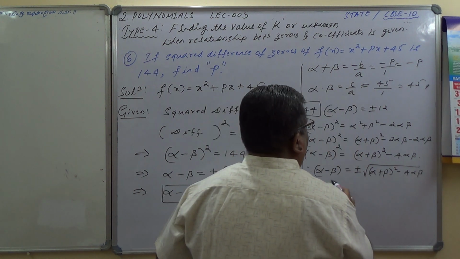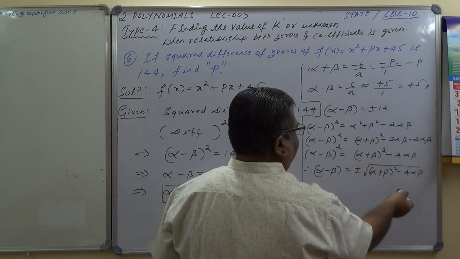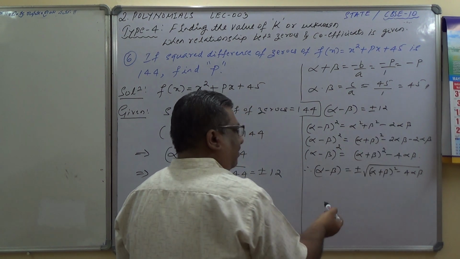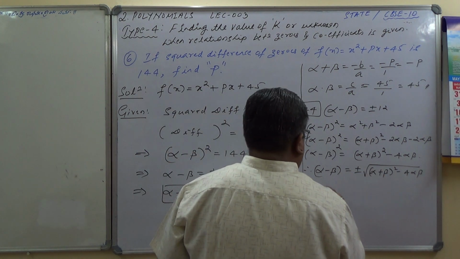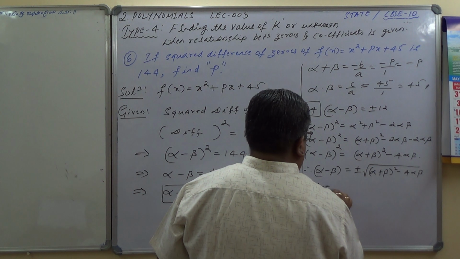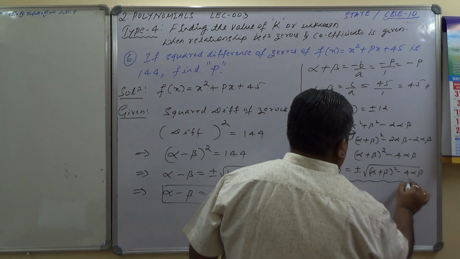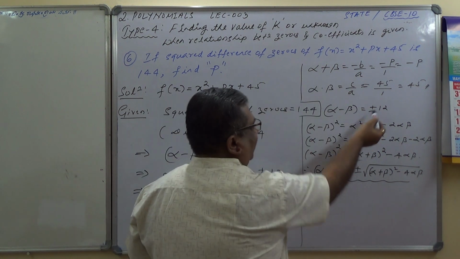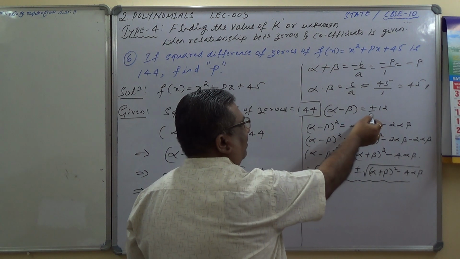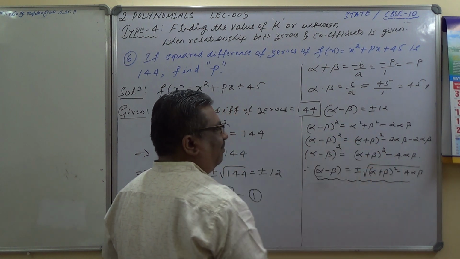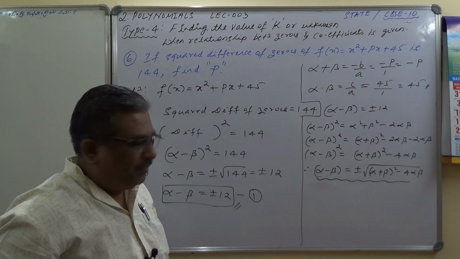Let me find the value of alpha minus beta by using this, where alpha plus beta is minus p. It is becoming complicated, but let us see. Let me keep this as one equation here. First I'll take alpha minus beta as plus 12 and find the value of p, and next I'll put alpha minus beta as minus 12 and find the value of p.